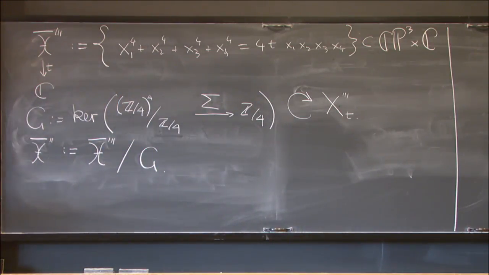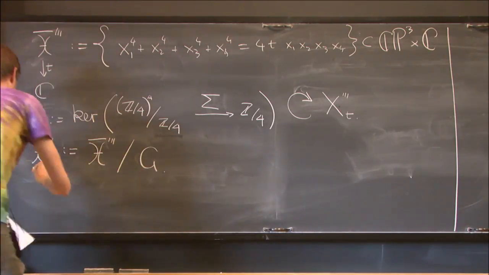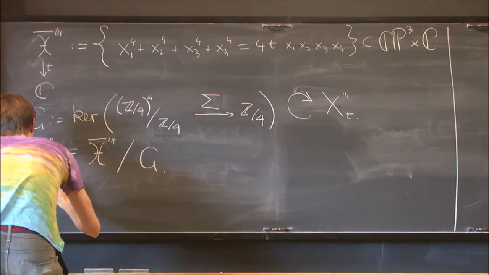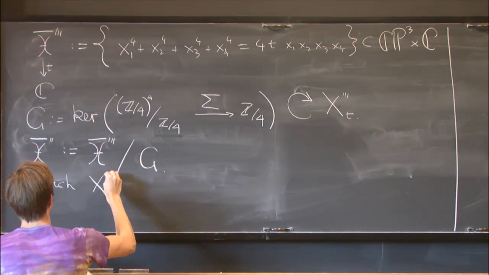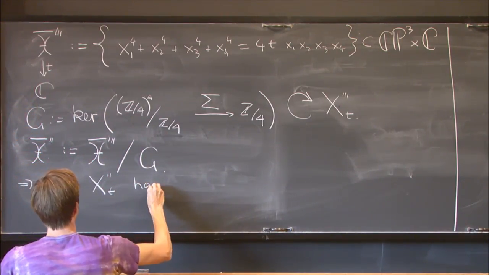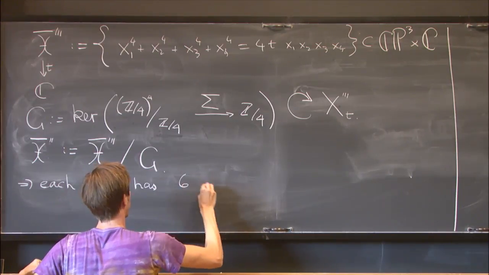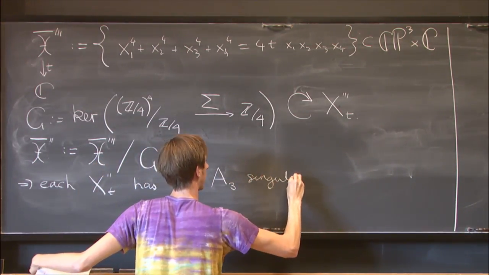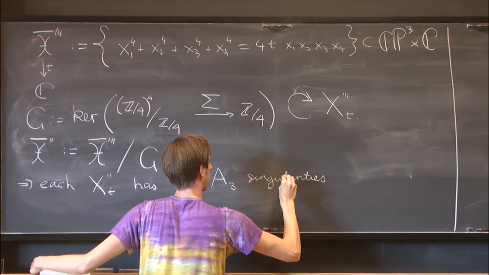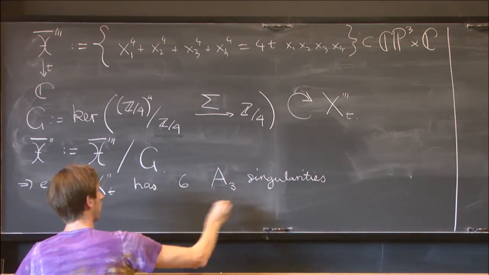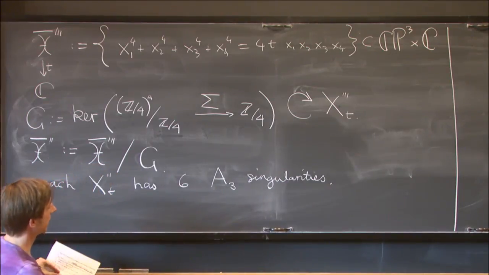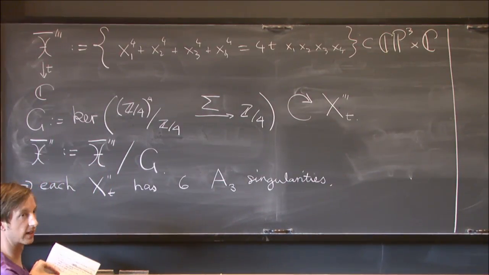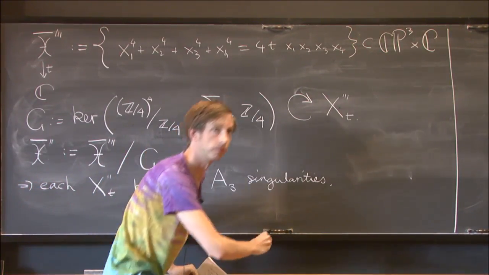So we're going to look at the quotient by this group, take the quotient of each fiber. And you end up with the quotient having 6 A3 singularities.